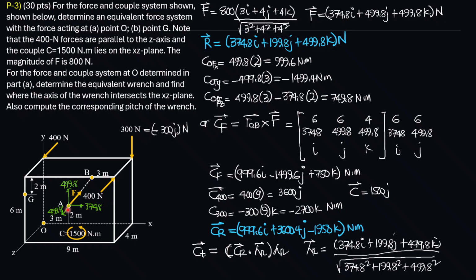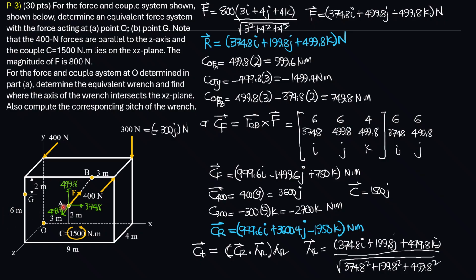So F in vector form, therefore, is 800, and its direction to reach B is we move along X rightward by 3, because this is 9 and that is 3. So 3 meters to the right, so 3i. Then we move upward along Y, because A is 2 meters above the XZ plane and the height of the box is 6.